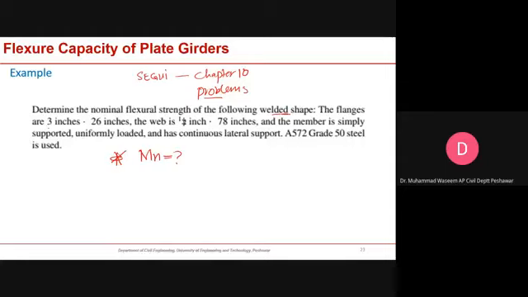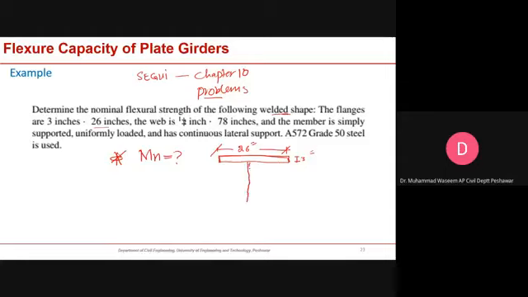The flanges are 3 inches thick and 26 inches wide, and the web is about, I have to check, 3 inches is, I think, the flanges, and this is about 26 inches. So this is the flange dimension, and for the web I think it is about 48 inches.